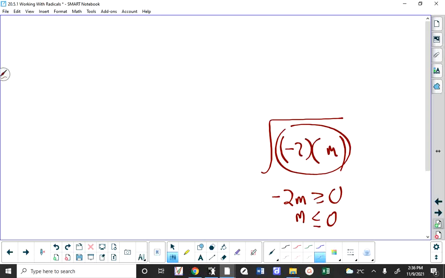If we had this, and we're getting into 2 or 3 lessons down the road, okay? Then you would say 2 minus x must be greater than or equal to 0, and you would solve this for x.